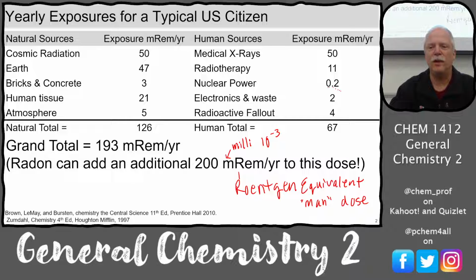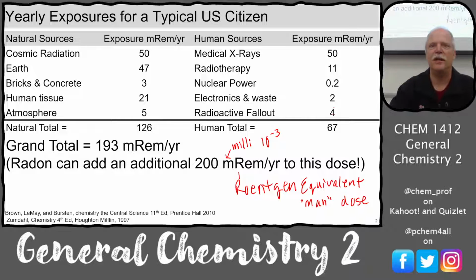Then electronics and waste. Again, not necessarily nuclear waste, but maybe some nuclear waste. And then radioactive fallout from the testing. We tested in our country probably over 1,000 nuclear weapons. Britain tested some, France tested some, the Soviet Union, China, North Korea, Pakistan, India.